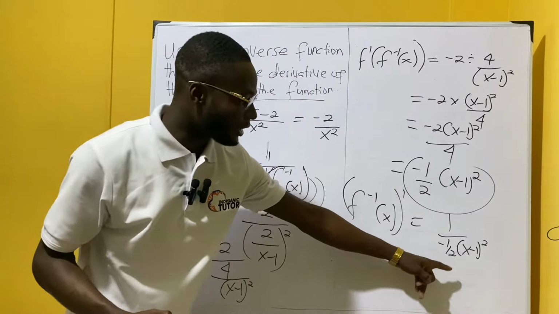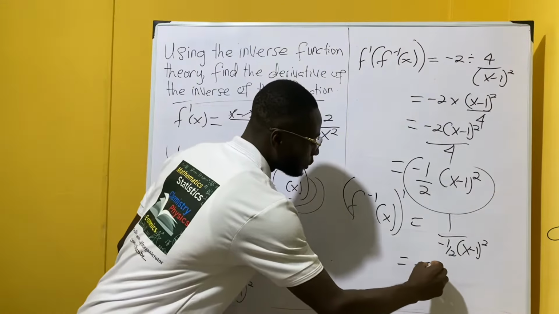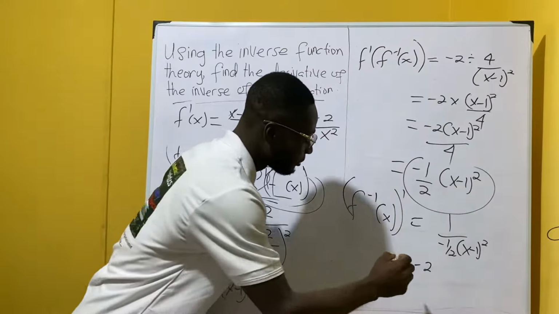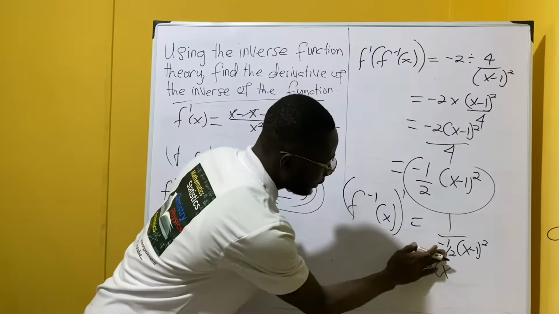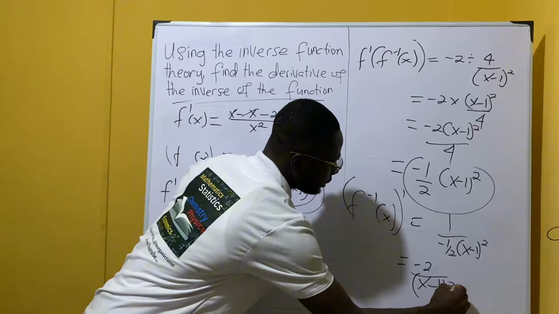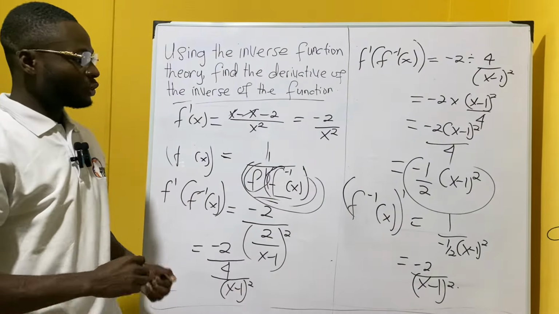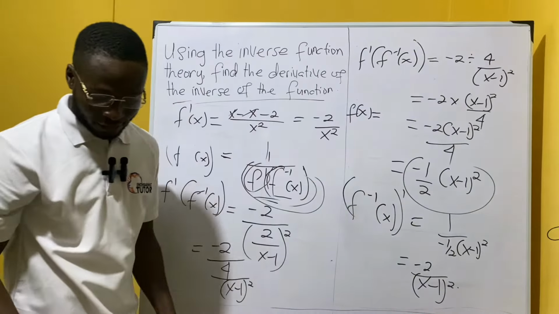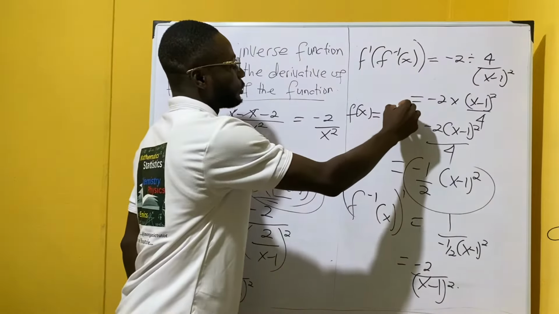So this, we can simplify it further, and we can say that this is equal to minus 2, this will go up, so we say minus 2 over x minus 1 all squared. Right, so this is our final answer to the function that we were given to find the inverse of it, right, which is s plus 2 over x.